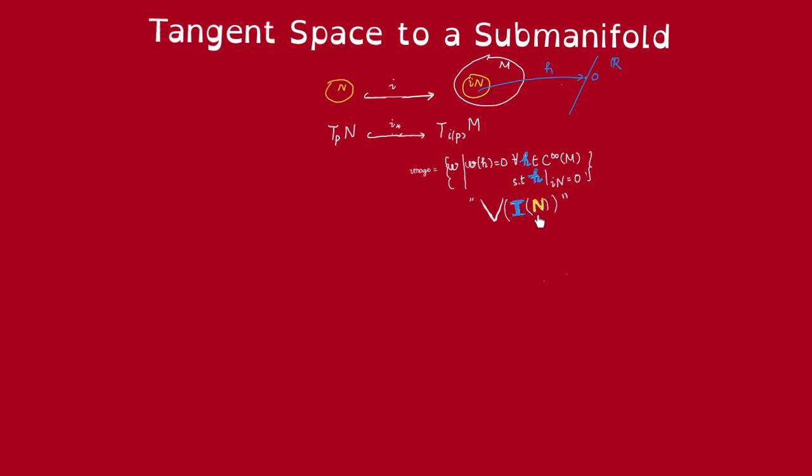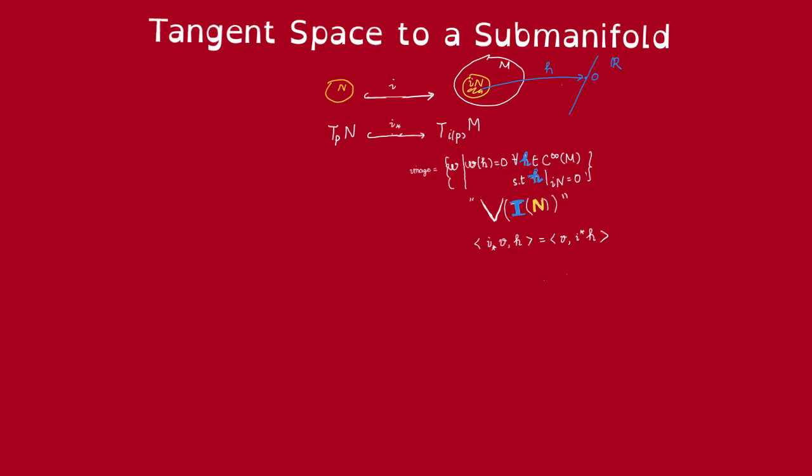Let me describe. I will define I(N) to be the set of smooth functions on M that vanish on this image. So this consists of all smooth functions h on M such that h vanishes on the image of N. And now I denote the set V to be the set of all the tangent vectors in M at i(p) that vanish on these h.